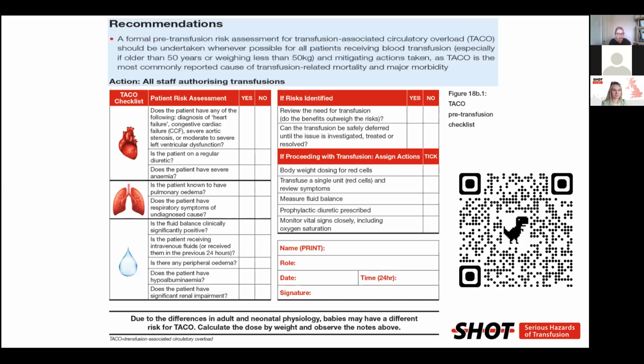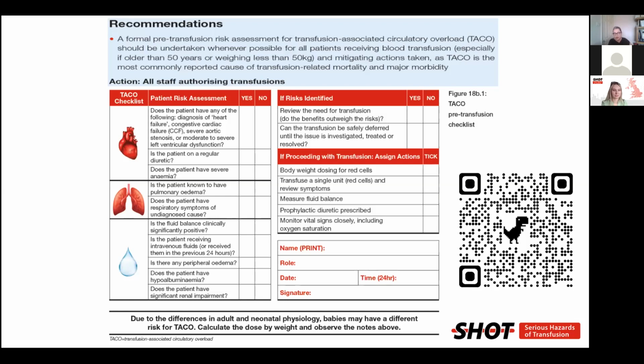Are they on a regular diuretic? Do they have severe anemia, which we think is an independent risk factor for TACO? Is the patient known to have pulmonary edema, or might they have pulmonary edema? Have they got a positive fluid balance? Are they receiving fluids? Is there any peripheral edema, low albumin? Do they have significant renal impairment? And if the answer is yes to any of those, the risk assessment is asking, does this patient need a transfusion?